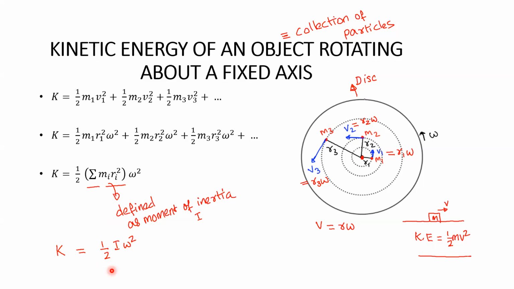If a disk is stationary and you want to give it a spin, if the moment of inertia is higher, you'll have to do more work. You'll have to put more effort. So there is an analogy: this is translational motion, and this is rotational motion.